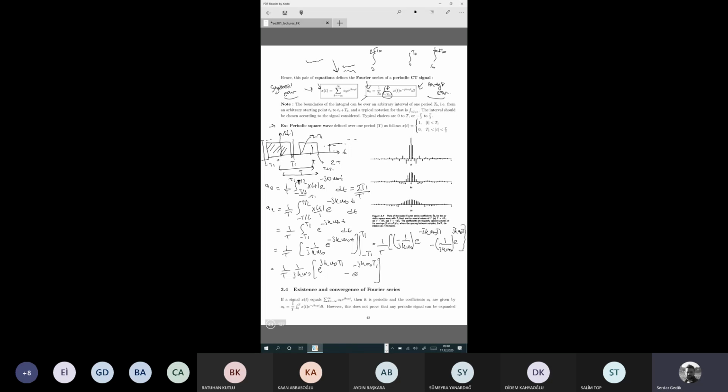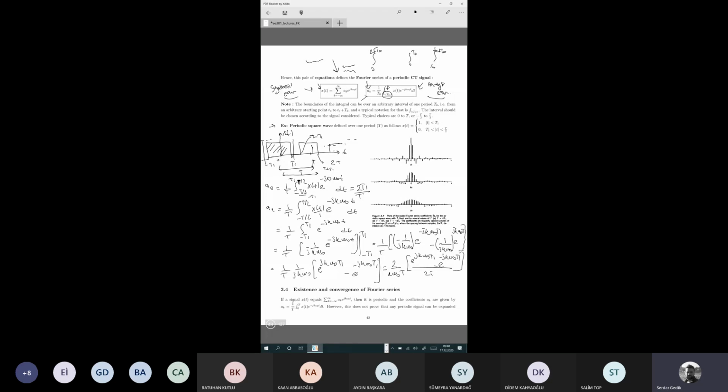Well, these are straightforward, but I will solve it for the first time. Multiplying and dividing by 2, we get e to the power j k omega 0 t1 minus e to the power minus j k omega 0 t1 over 2j.